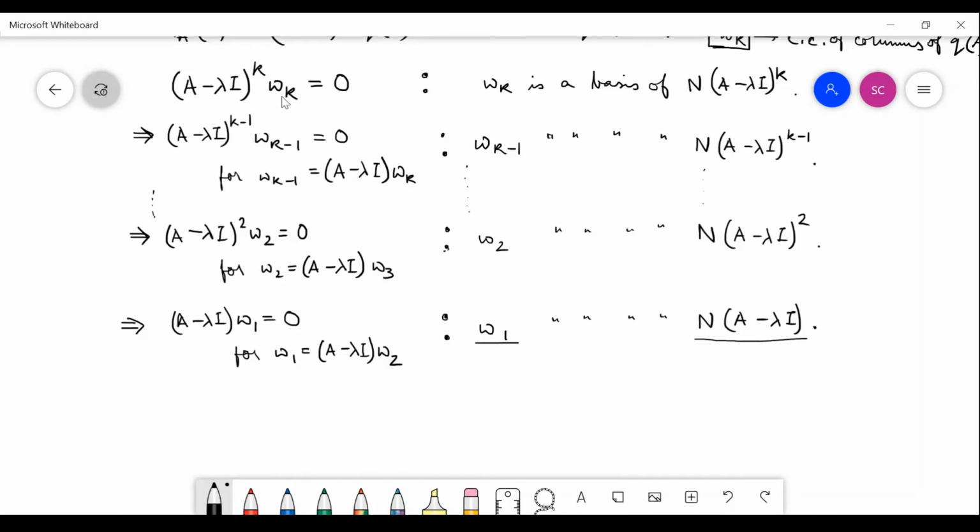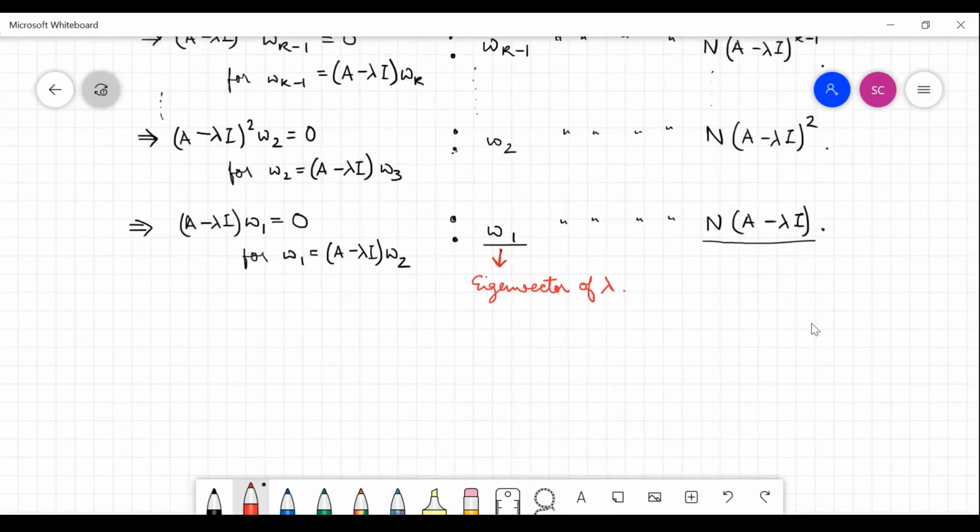A minus lambda I times omega k will not be 0, but starting from that omega k, by doing these operations, we could land up at this vector, which is a basis of the null space of A minus lambda I. This vector we could easily find by doing column operations on the matrix A minus lambda I, and this vector is nothing but the eigenvector of the eigenvalue lambda.